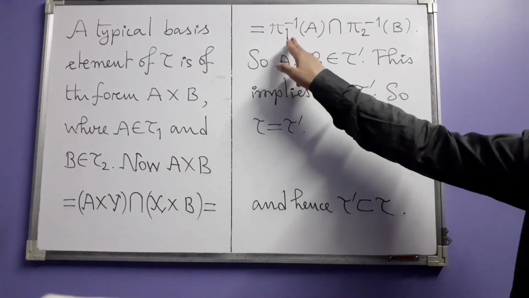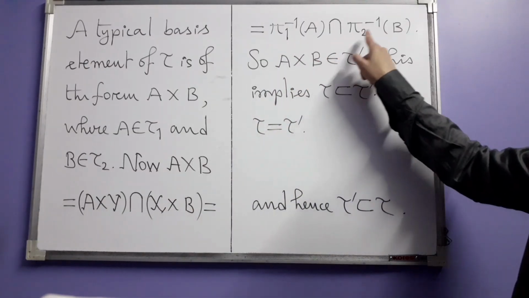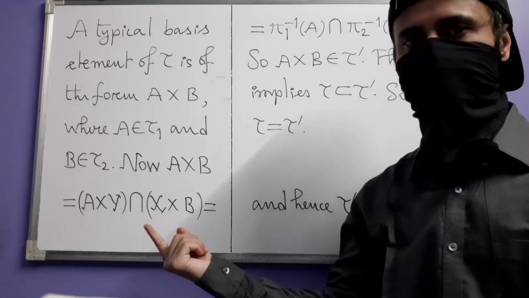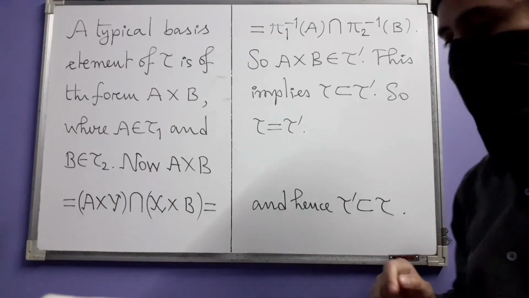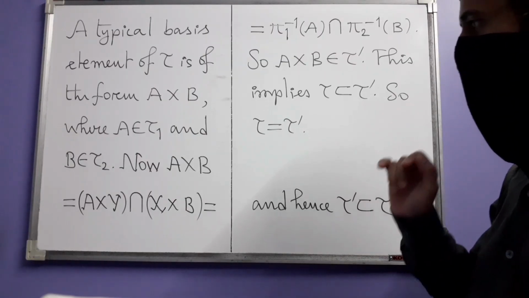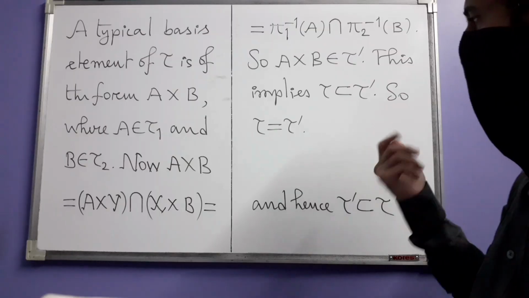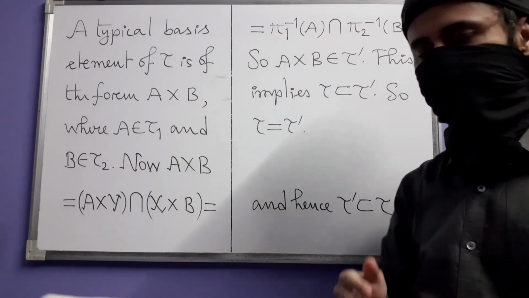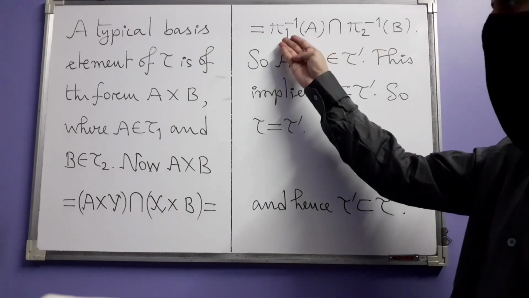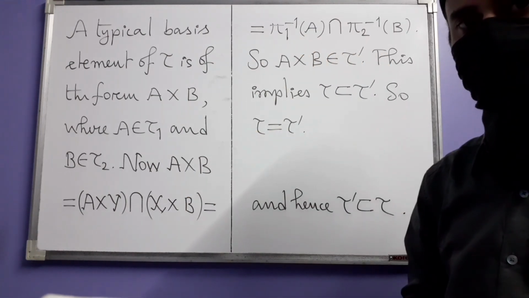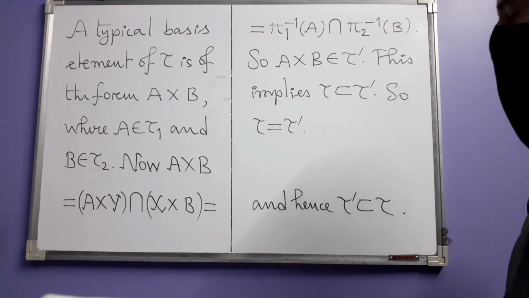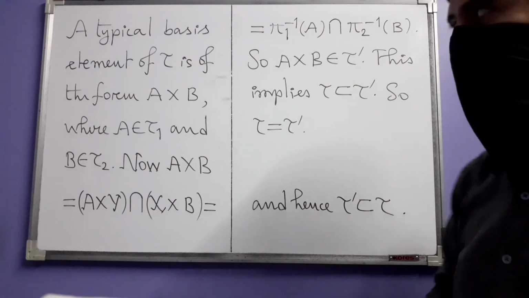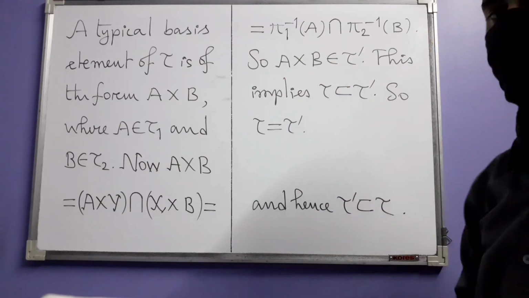But this is just pi 1 inverse of A and this one is pi 2 inverse of B. So you see that a typical basis element in the product topology is a finite intersection of elements of our collection S. We do not have the collection here, but you know what I am talking about, because these are two elements in S and the number 2 is finite and their intersection is this basis element. That is why by the definition of the topology tau prime, because tau prime is generated by the subbasis S, this A times B will belong to tau prime.